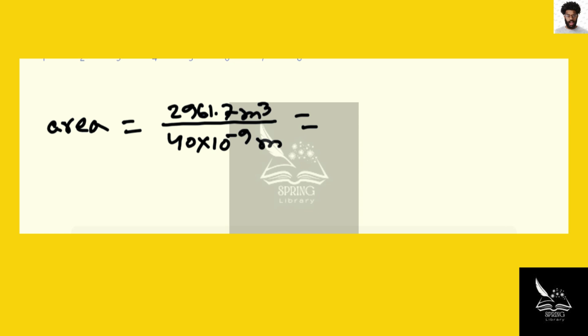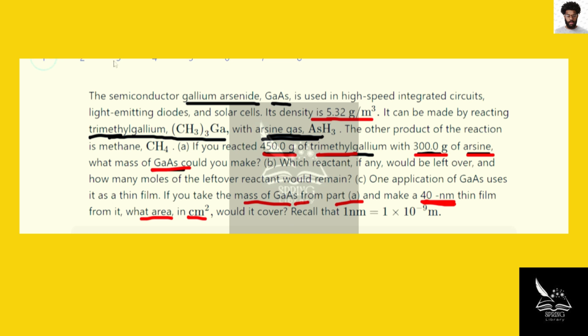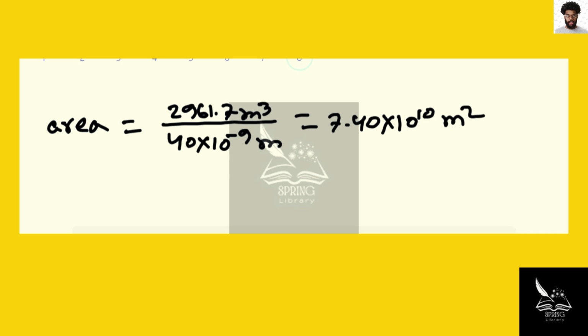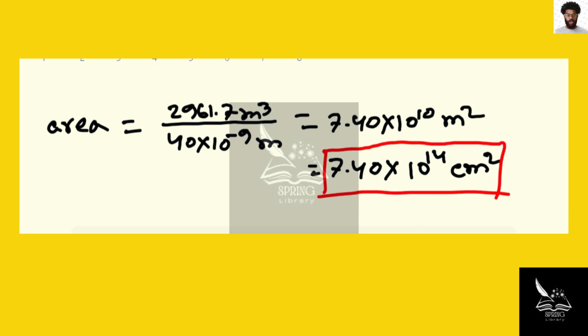It will give us a value of 7.40 times 10 to the power 10 meter square. So we have to find the area of the thin film which can be covered in centimeter square. So if we just convert it to centimeter square, it will be 7.40 times 10 to the power 14 centimeter square. So this is the area of a thin film of 40 nanometer which can be covered by the gallium arsenide formed in this reaction.